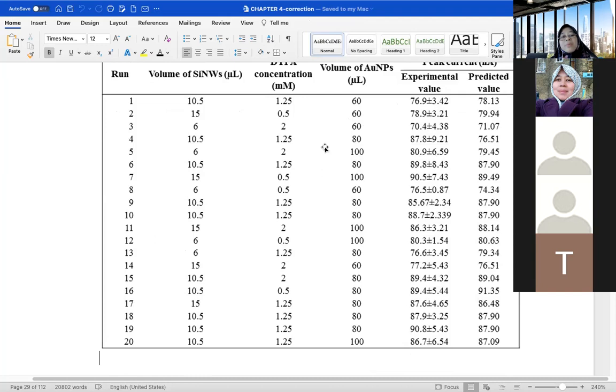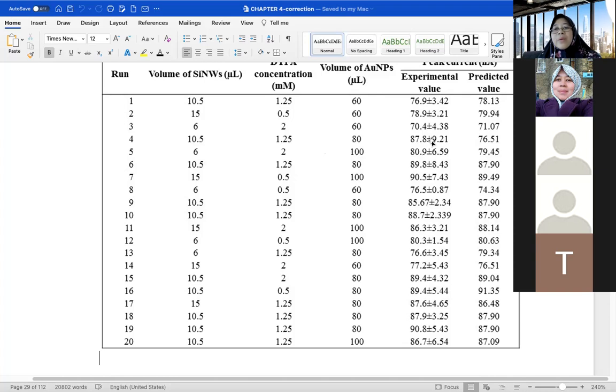Because sometimes you cannot do 30, 50 sets of experiments, but with the help of RSM, when you put in data, you can generate more data to have an optimized formulation, instead of doing 30 or 50 sets of experiments to get the trend.